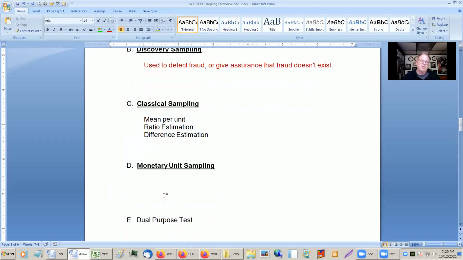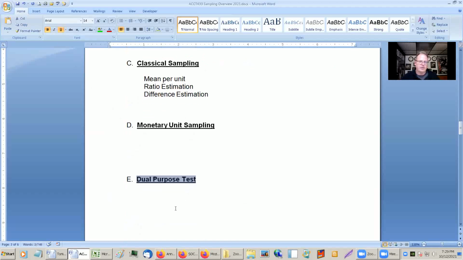Okay, dual purpose is when you use a sample for more than one test. And usually it's done like this.